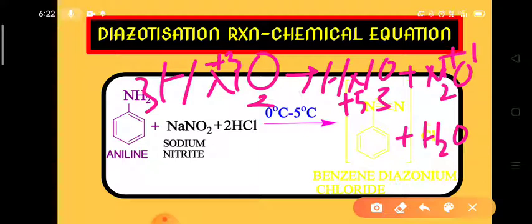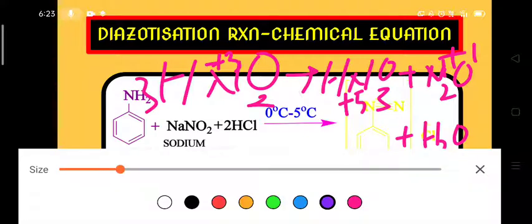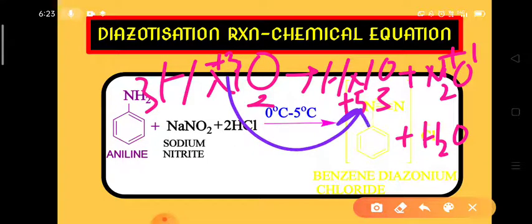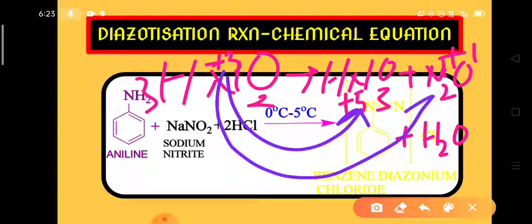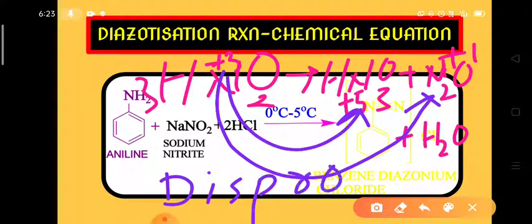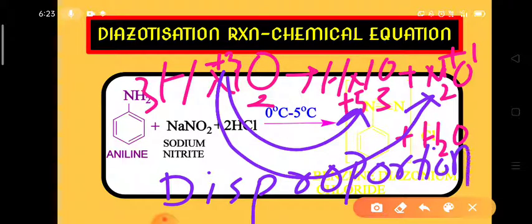Here the same element is undergoing oxidation as well as reduction. Such reactions are called disproportionation reactions. So decomposition of nitrous acid is a best example for the disproportionation reaction.